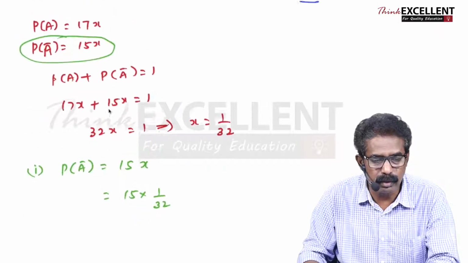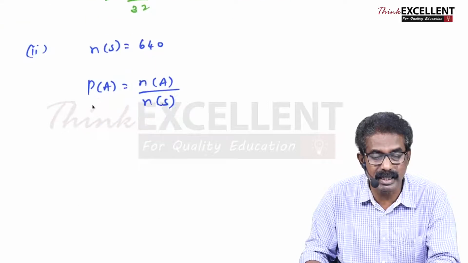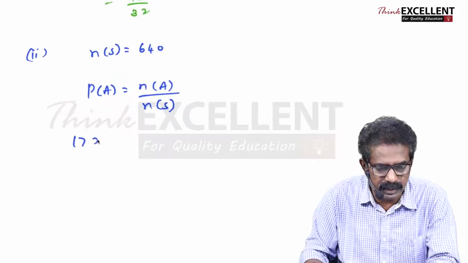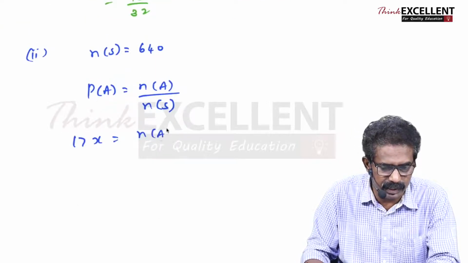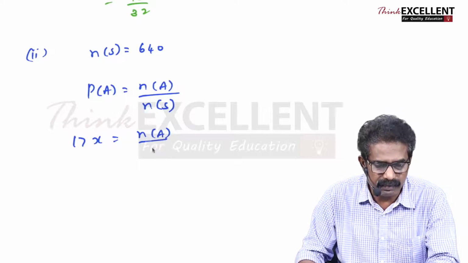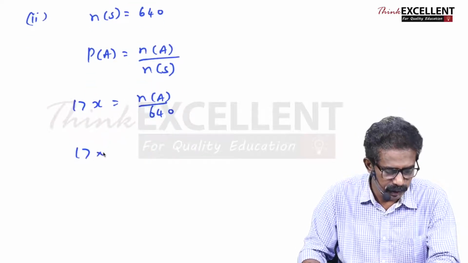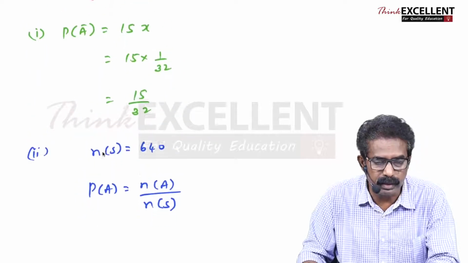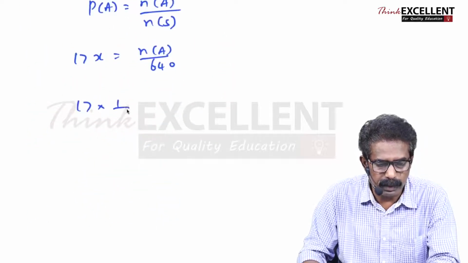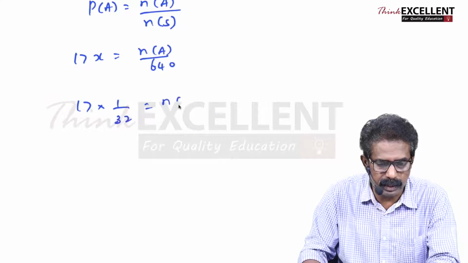P of A we have taken as what? 17x. P of A is 17x, equal to n of A, that's what we want to find, by n of S, which is 640. X value you know. So 17 into x value 1 by 32 equal to n of A by 640.